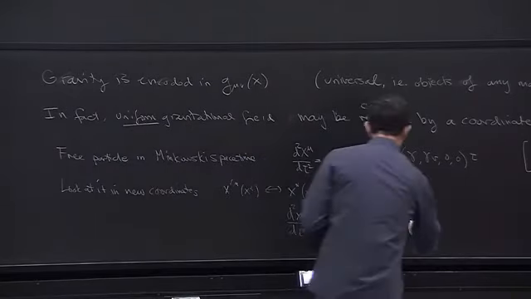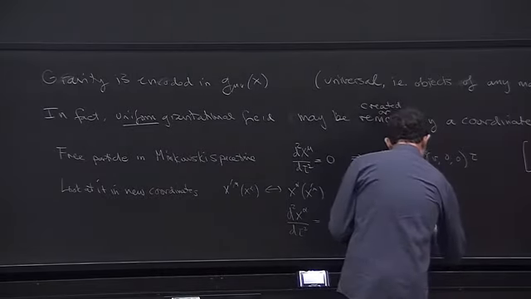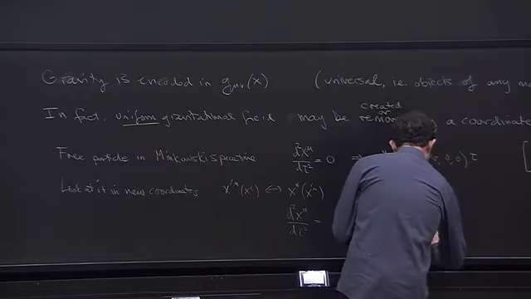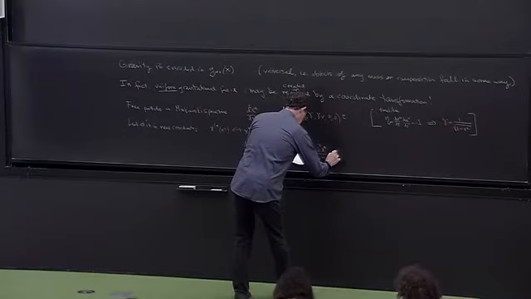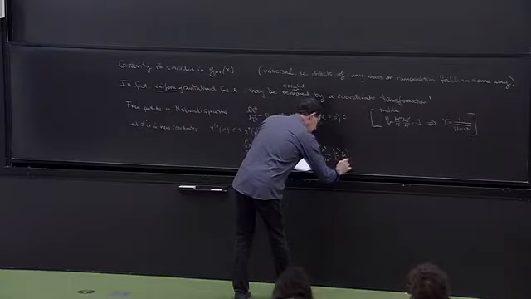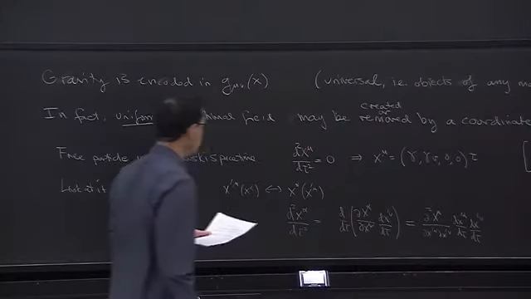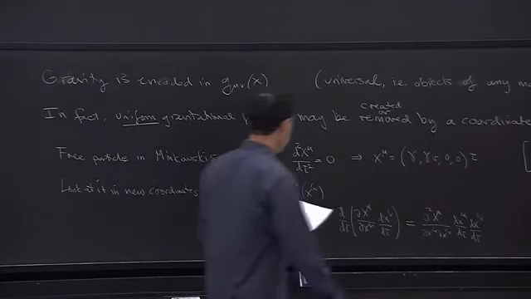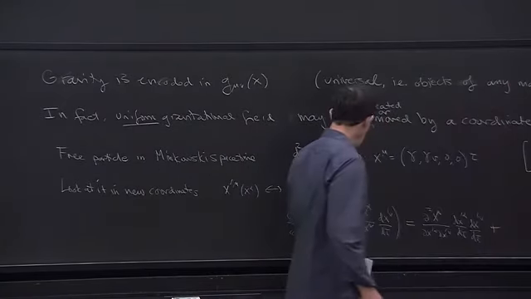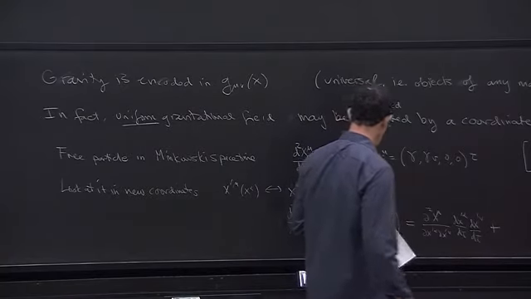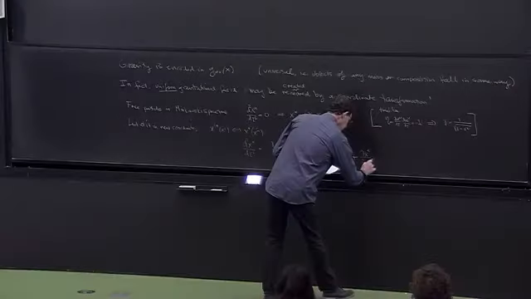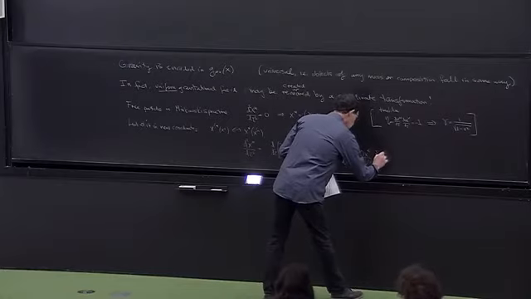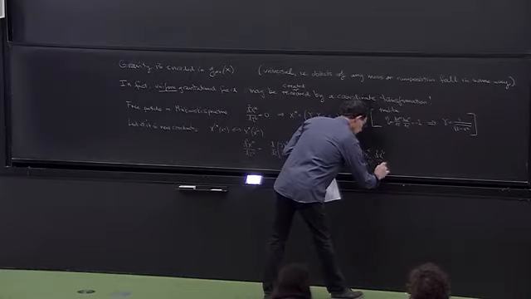And now if I differentiate this, I get d²x^μ/dx'^α dx'^ν times dx'^α/dτ dx'^ν/dτ, plus the term where I differentiate the second piece, which is dx^α/dx'^ν times d²x'^ν/dτ squared.